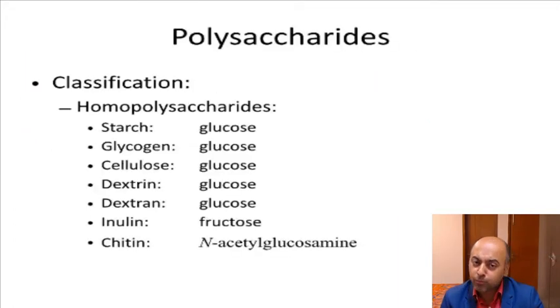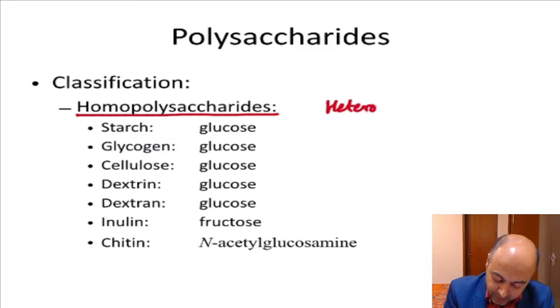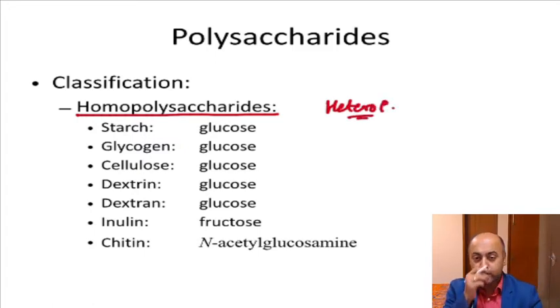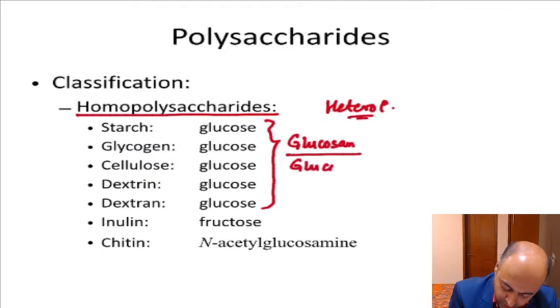The polysaccharides are further subdivided as homopolysaccharides and heteropolysaccharides. The homo and hetero names are self-explanatory. When the same unit is repeating again and again, we get the homopolysaccharide. When different units are there, we get the heteropolysaccharide. If the repeating unit is glucose, then the molecule is called glucosan or glucan.